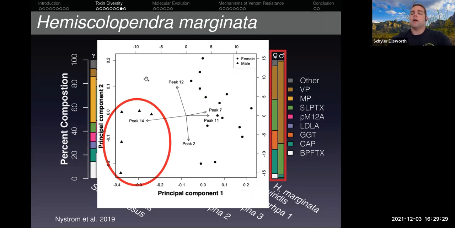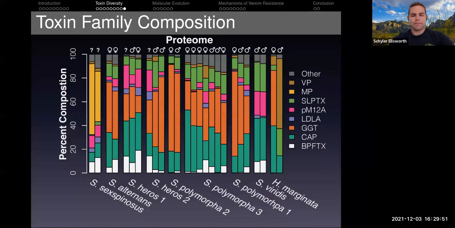And so we were able to describe this sex-based difference in venom composition in centipedes, which hasn't been described before and hasn't been noted in any other species besides Hemiscolopendra marginata. So this was another pretty cool example of looking at the toxin diversity from some of the results that we were able to get from this work.